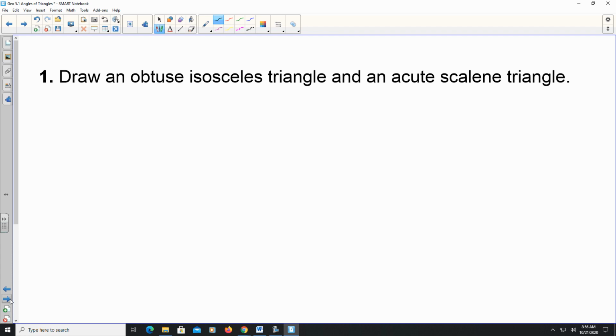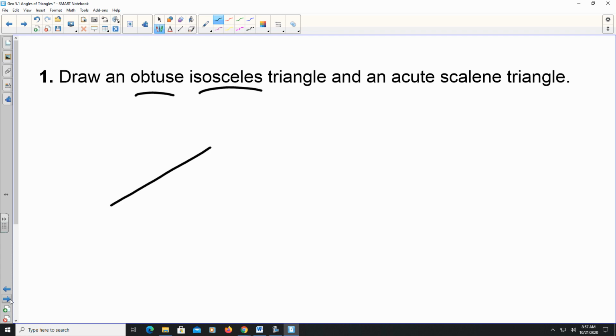So to start the notes, they are asking us to draw an obtuse isosceles triangle. They're asking us for classifications in two things. They want a triangle that is going to fit the classifications for its sides, isosceles, and for its angles, obtuse. When you are drawing these, placing the hash marks correctly is very, very important.